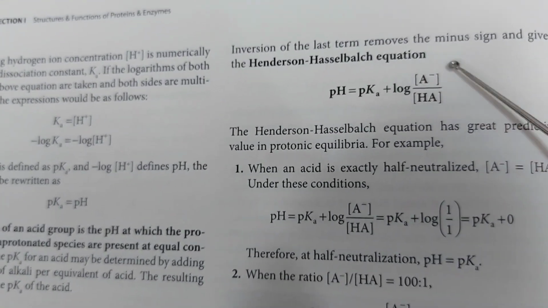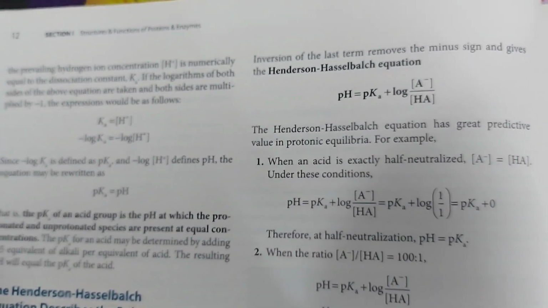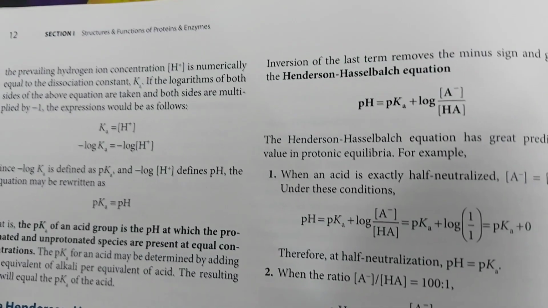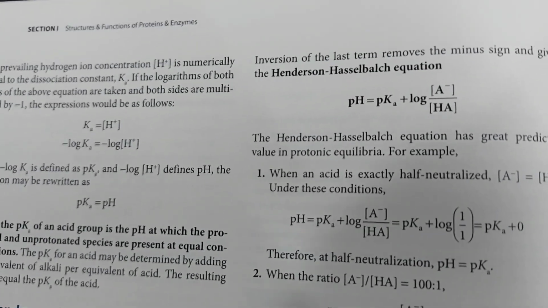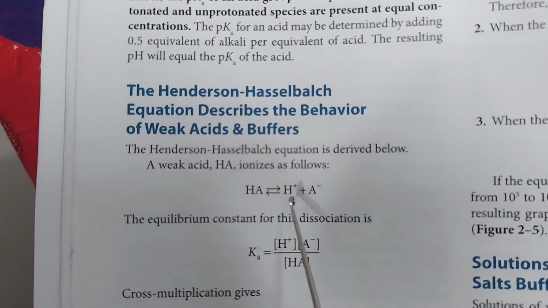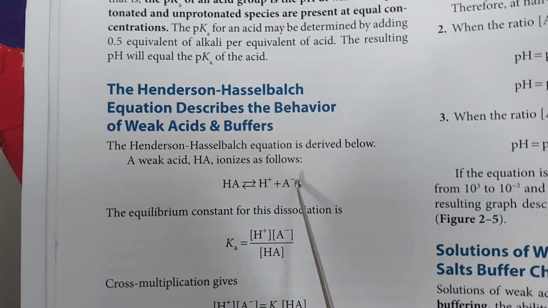This conjugate base means our body has weak acids in the metabolic end products. This weak acid dissociates into the hydrogen ion and the conjugate base.